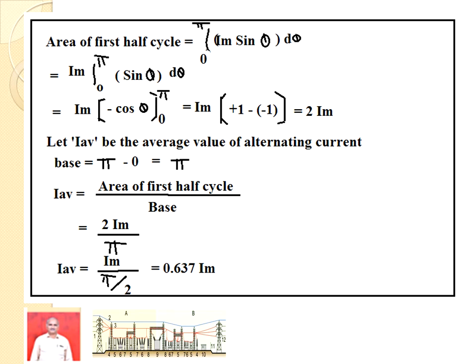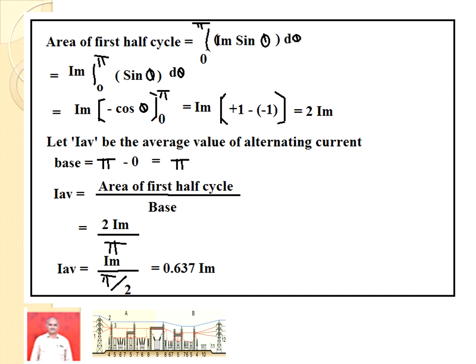Take Im outside: Im times integral of sin theta d theta, which is Im times minus cos theta, limit 0 to pi. Finally, we get this value as 2 times Im.